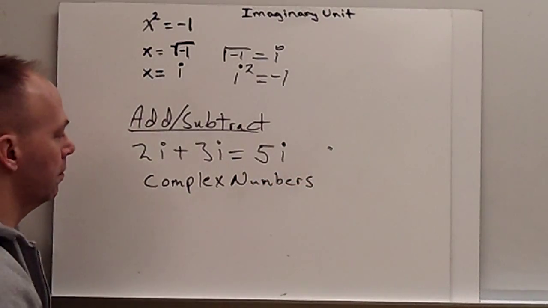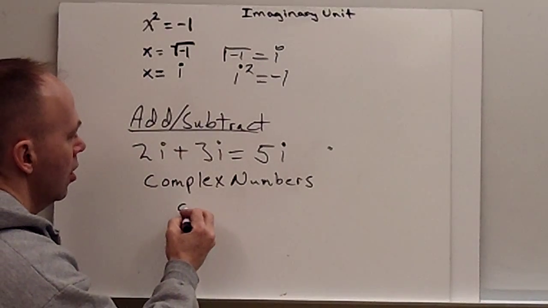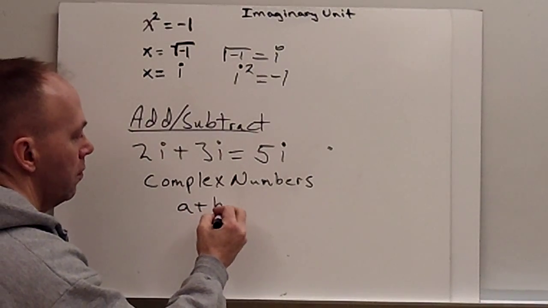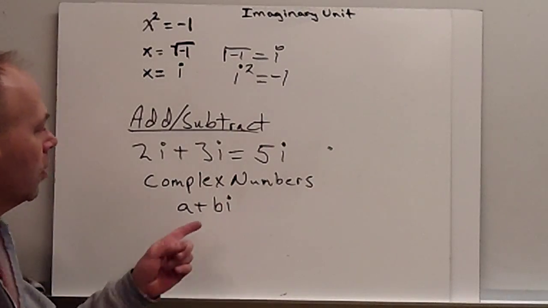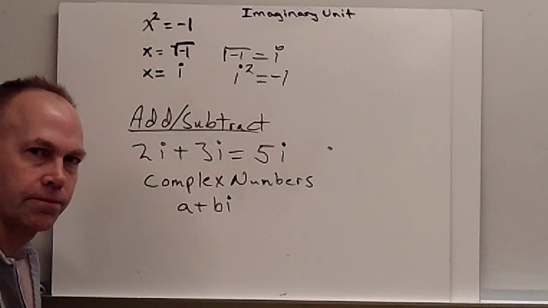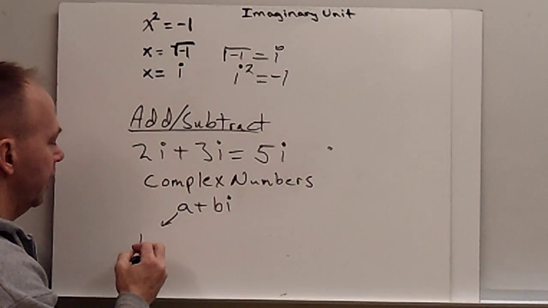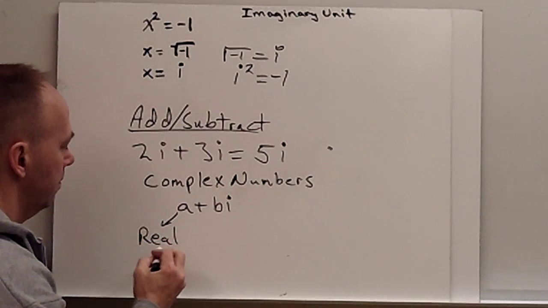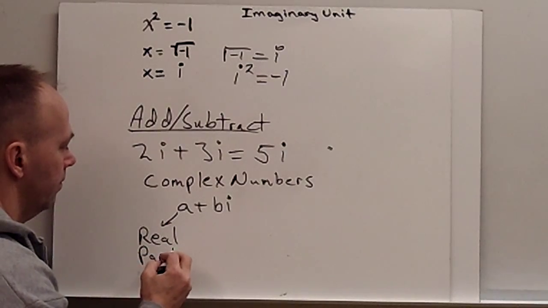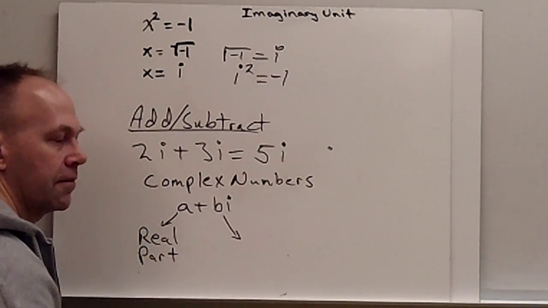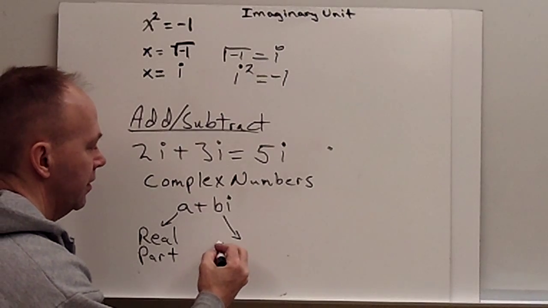And a complex number takes on the form a plus bi. We call that standard form. Might want to write that down. This a represents the real part, and the bi is the imaginary part.